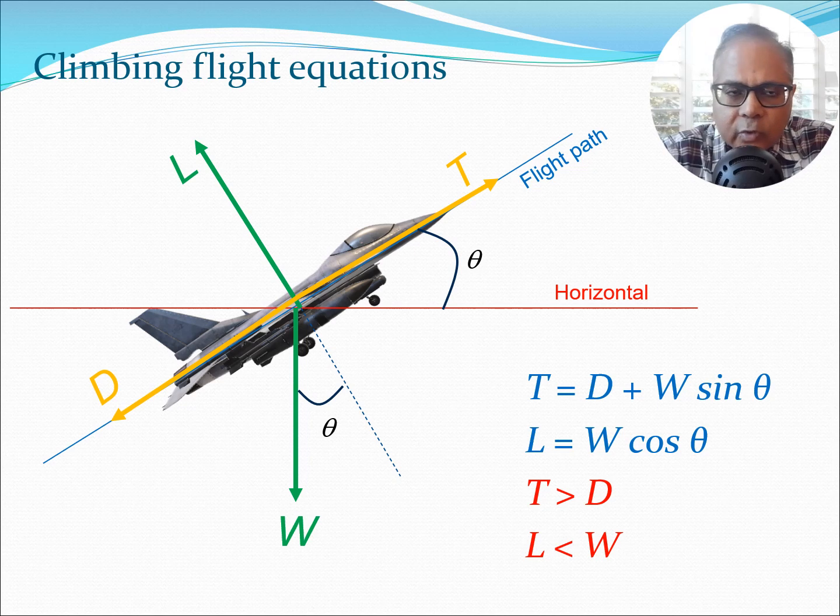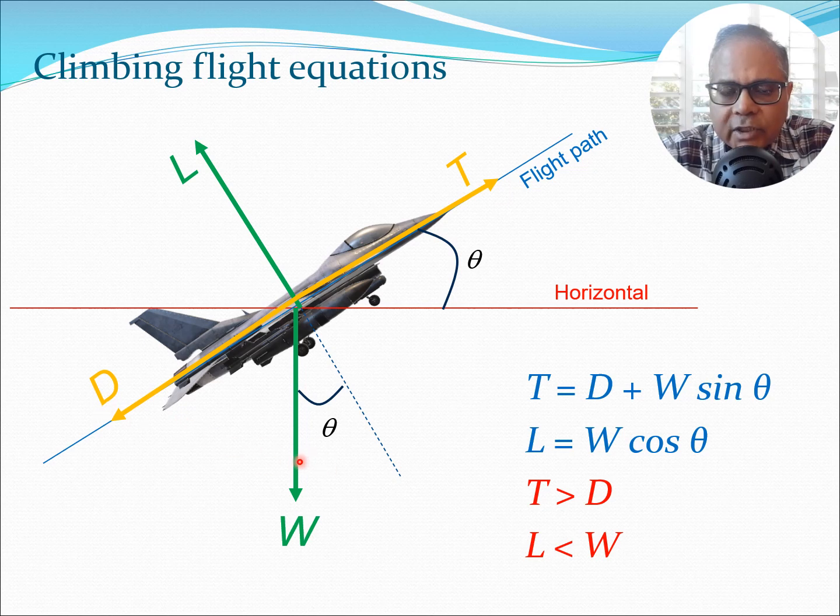So let's now look at the climbing flight equations, and we are going to derive expressions for the rate of climb from these equations. Again, looking at this picture I discussed before, we can now do an equilibrium of the different forces. So let's do an equilibrium in the flight path direction. That's going to give us T, the thrust, is equal to drag plus W sine theta.